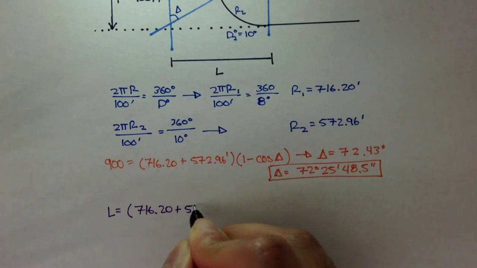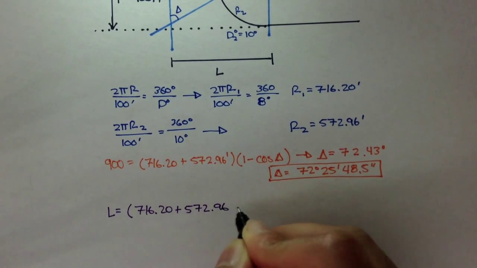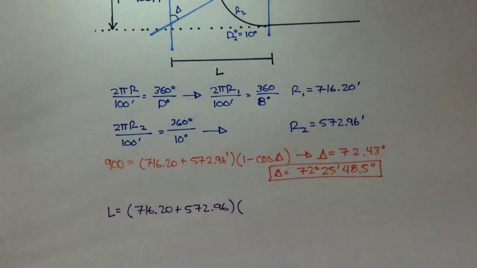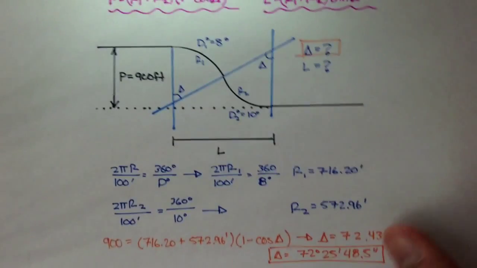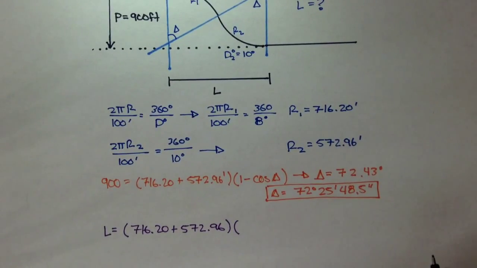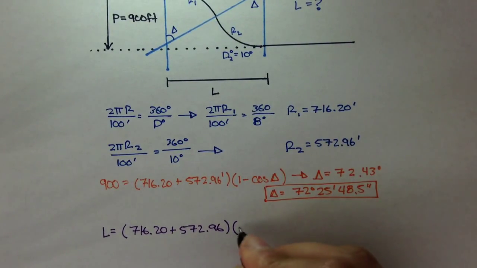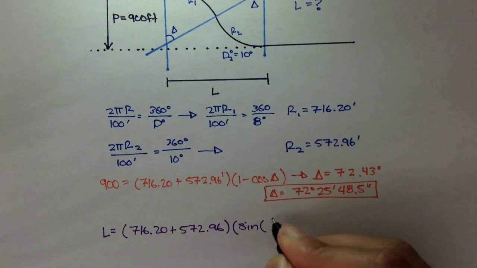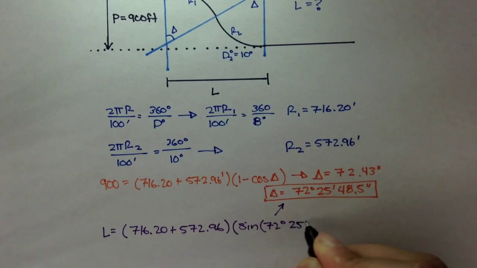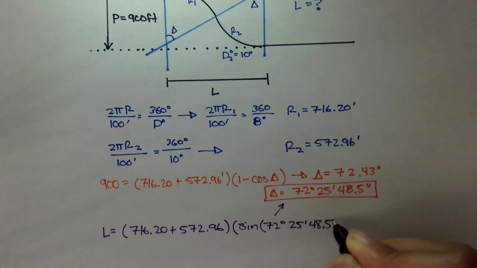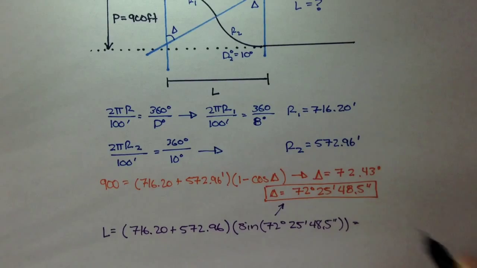So the transition length is equal to R1 plus R2, 716.20 plus 572.96, times sine delta, sine of this thing right here, 72 degrees, 25 minutes, 48.5 seconds.